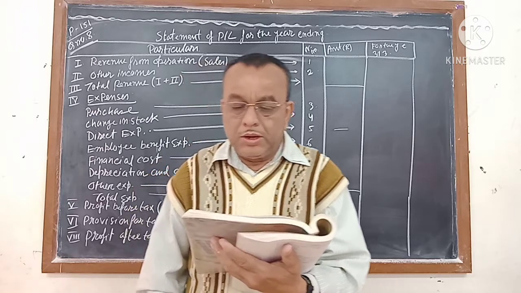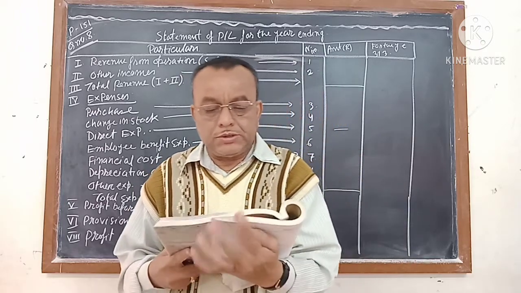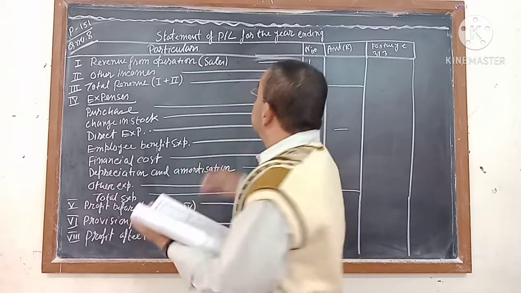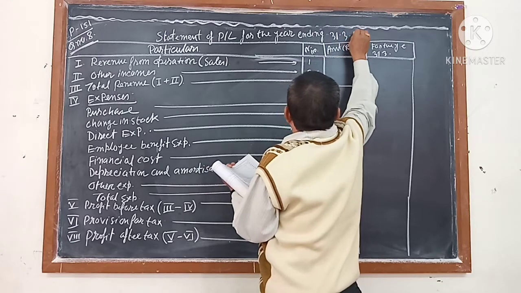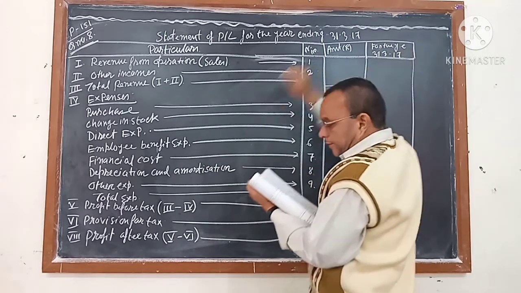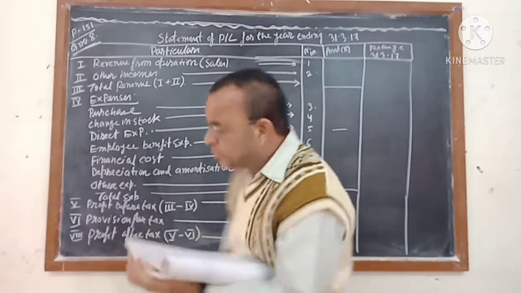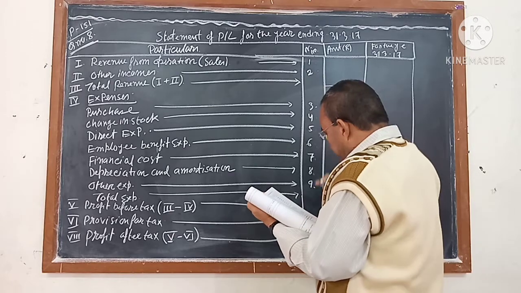You have to prepare the statement of profit and loss for the year ended 31st March 2017. Here also 31st March 2017. Here you see, in total you are getting 1, 2, 3, 4, 5, 6, 7, 8, 9.